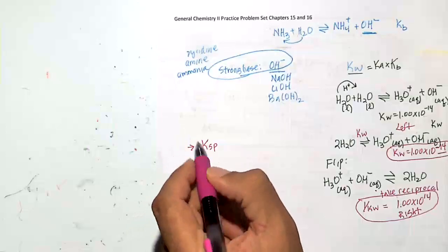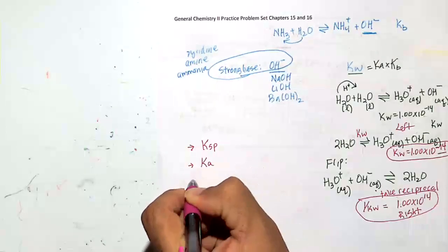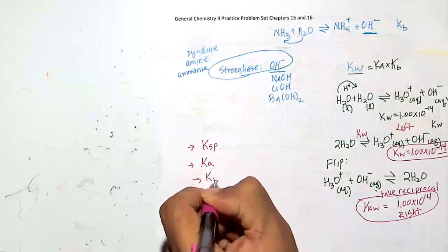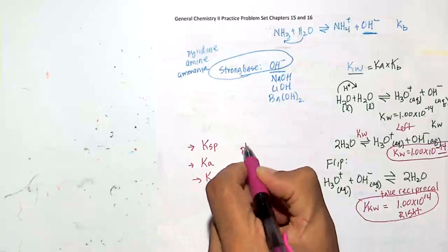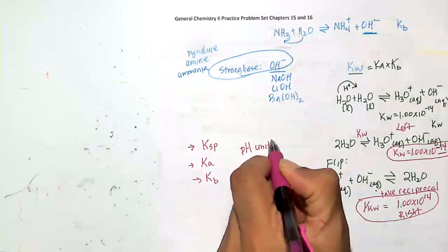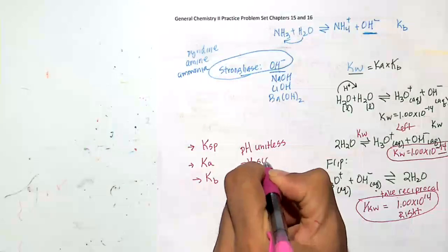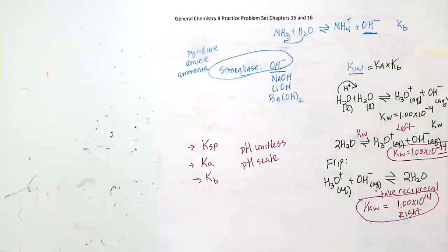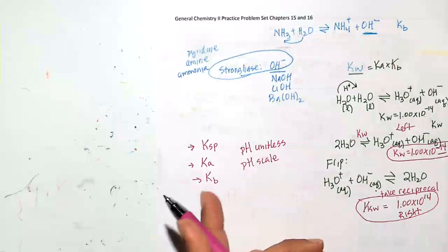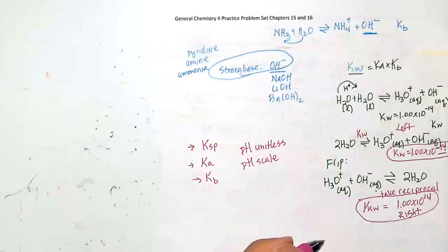Ksp equations, Ka, Kw, Kb, pH is unitless. The pH scale, these are just common themes. I think you know this. If you know how to solve these problems very well, then you know the true-false very well accordingly.